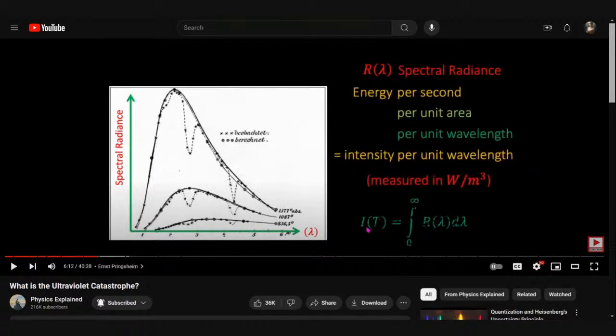So the intensity for a temperature is the integral from 0 to infinity of the radiance at lambda d lambda. So you basically find the area under the curve, and that gives you the total intensity. Is the integral of the spectral radiance with respect to wavelength.